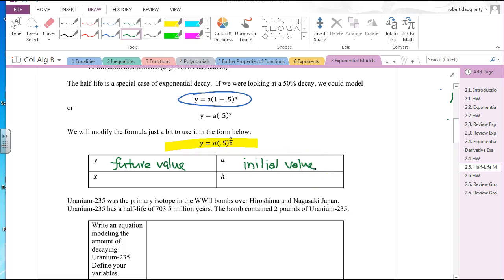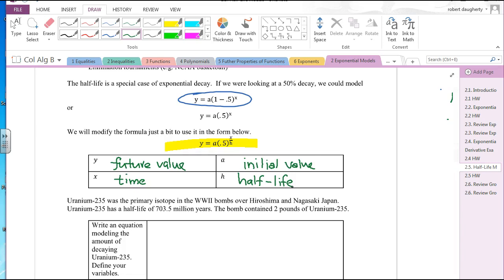In our models, x always represented what? Time, okay? And the new thing right here is this h. This is called the half-life. The amount of time it takes for this substance to decay to 1/2 of the initial value, okay?